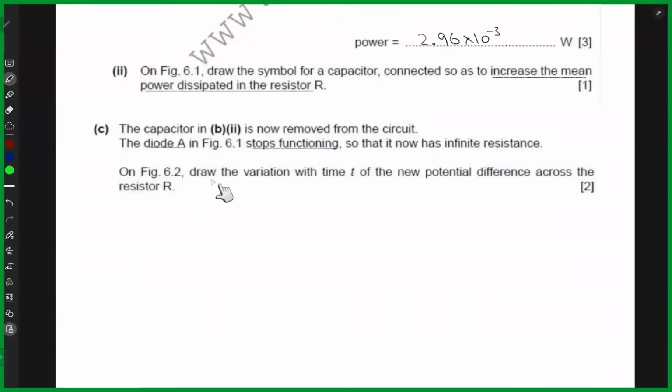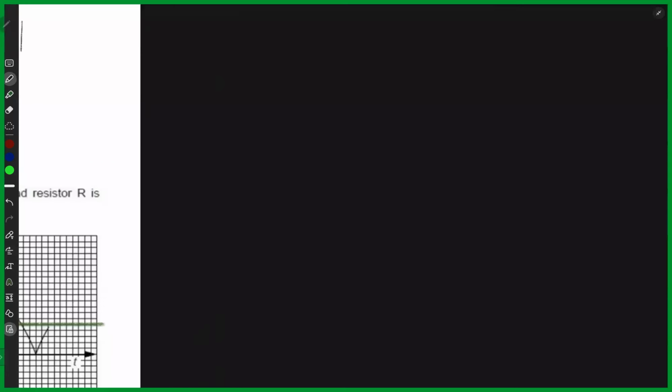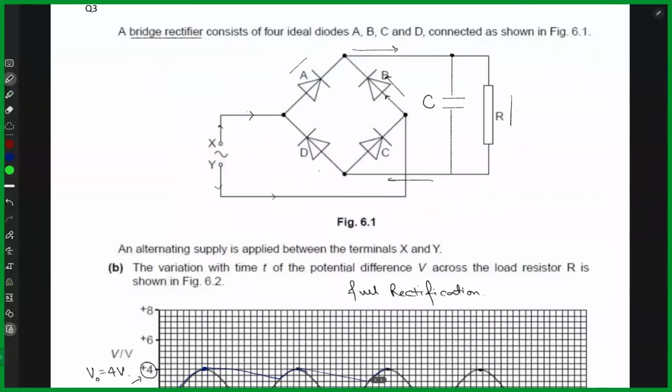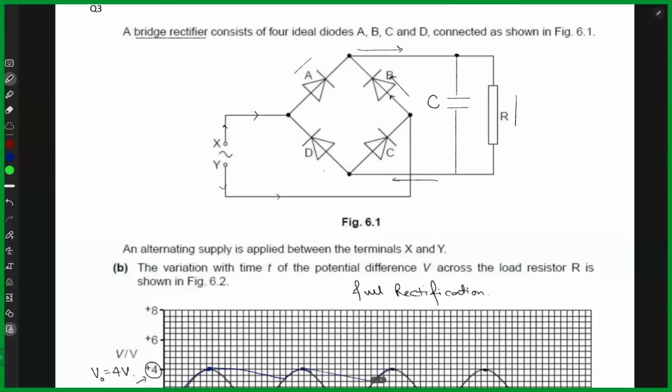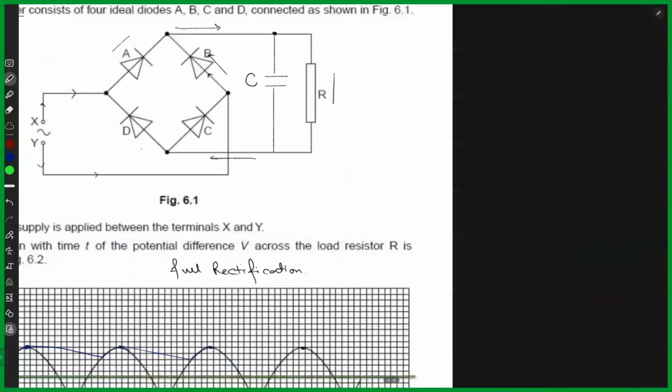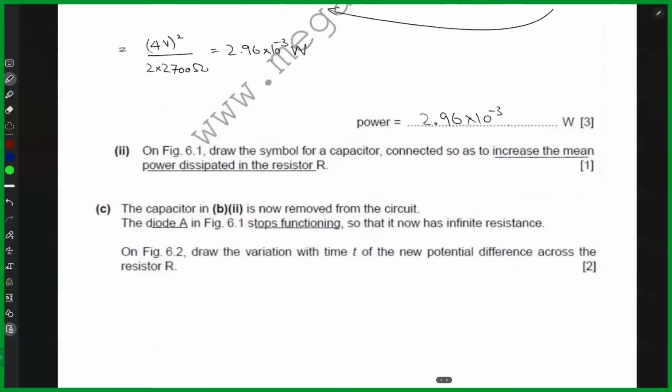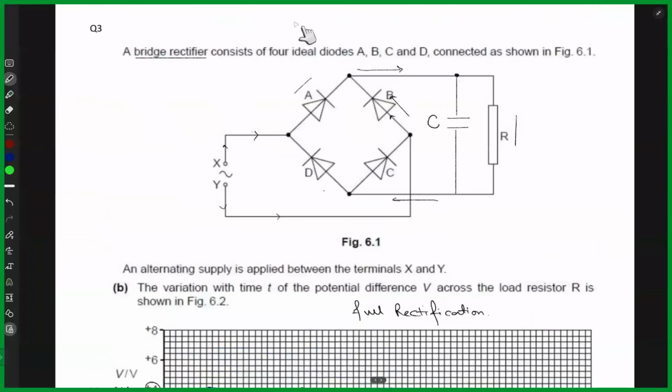So draw a variation with time t of the new potential difference across the resistor R. So first of all, if you go back to this, they said diode A has stopped working.